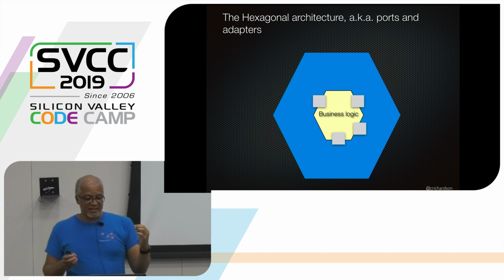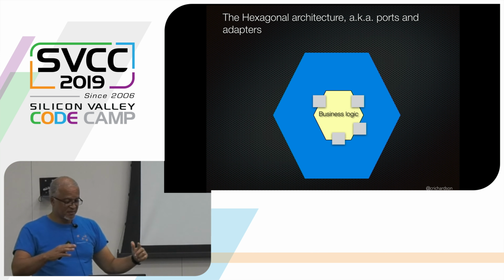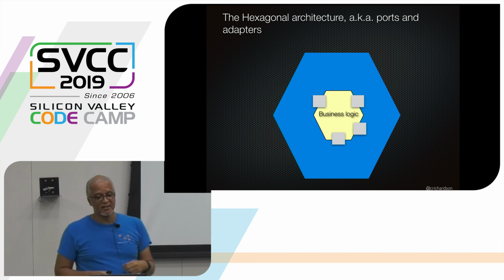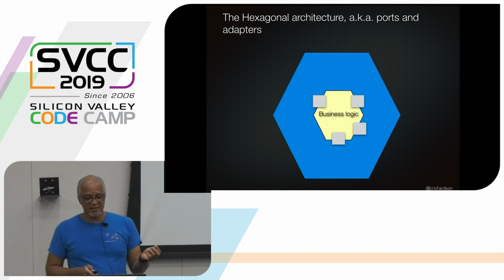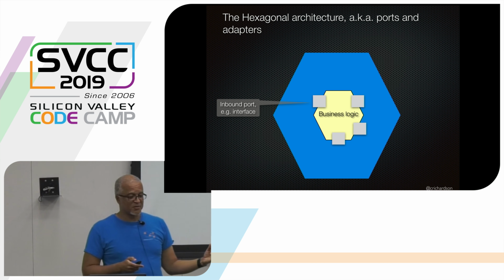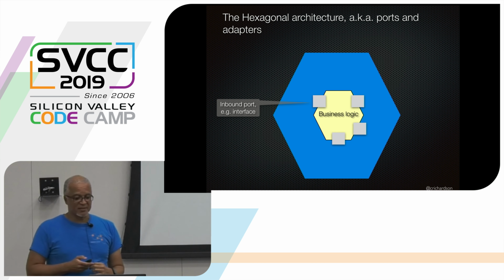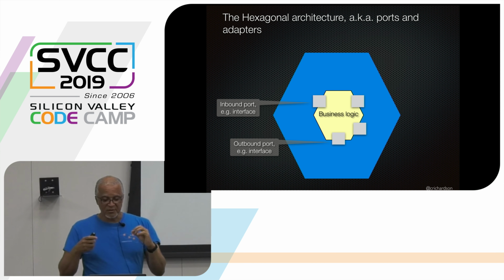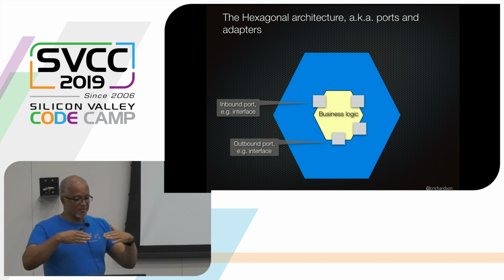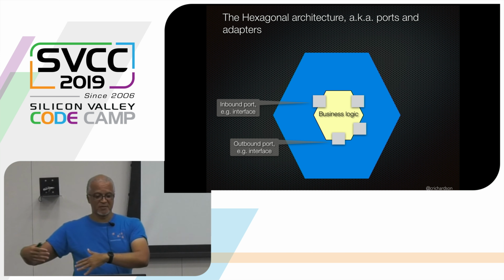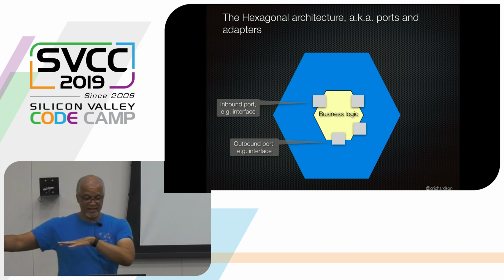The business logic has a number of ports, which are basically interfaces. There are two types of ports. There are inbound interfaces, which enable the outside to invoke the business logic. And there are also outbound ports, which enable the business logic to invoke things on the outside of it.